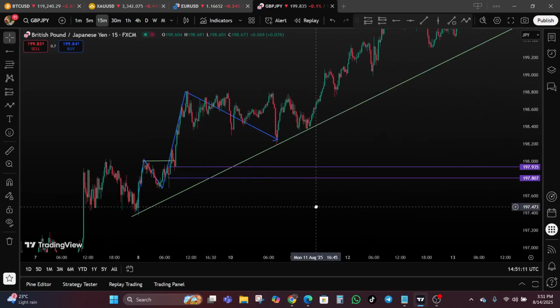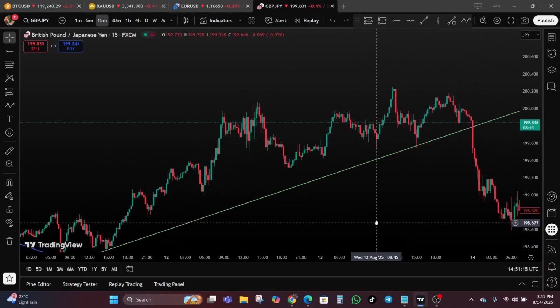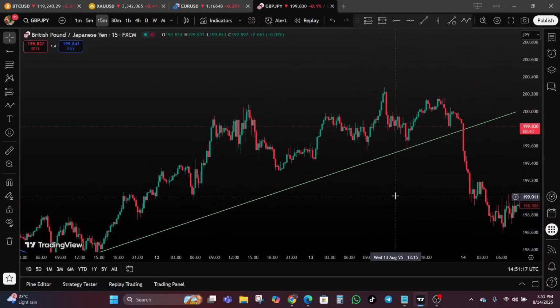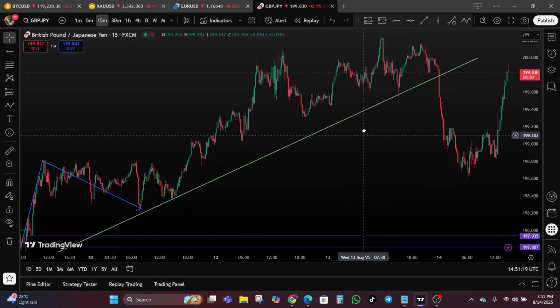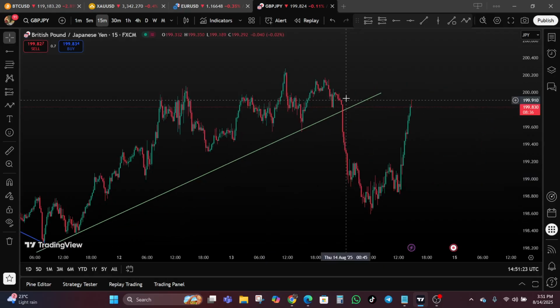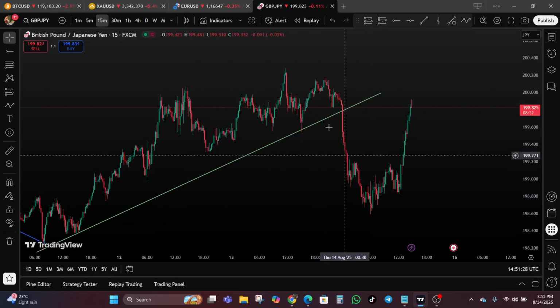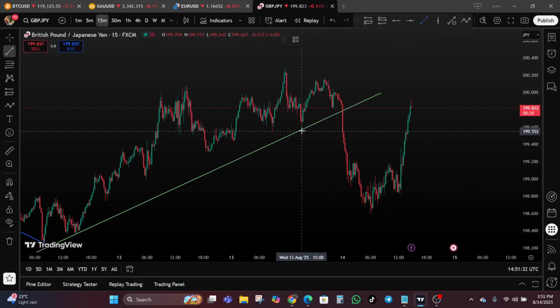And then a valid bearish order block is going to be the last bullish candle before a strong drop that breaks structure. So after this bullish trend came to an end, as you can see, we had a break of this bullish trend line. So at this point, we had a change of character, right?